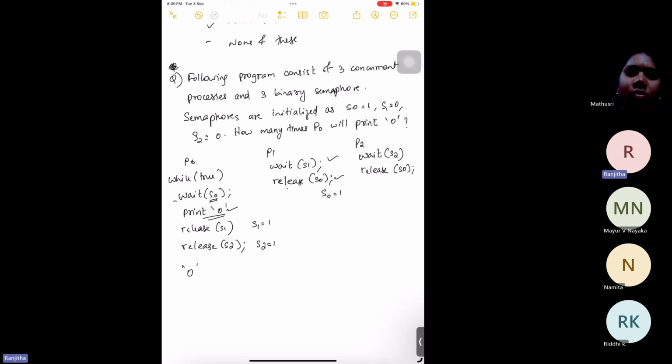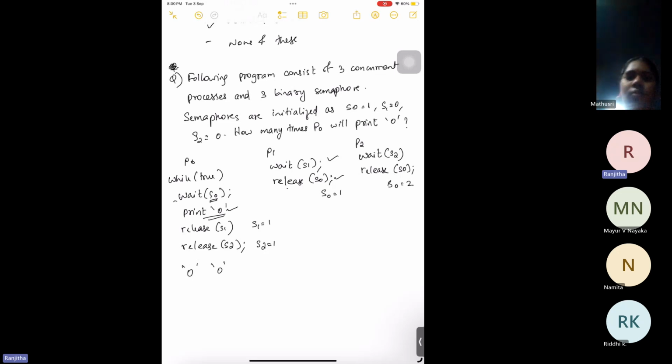So now the value of S2 is 1, so it will enter the critical section and it will again release S0. So the value of S0 will become 2. Now again, if we come back here, we are waiting. So S0 will be decremented once and 0 will be printed. So S0 will become 1 now.